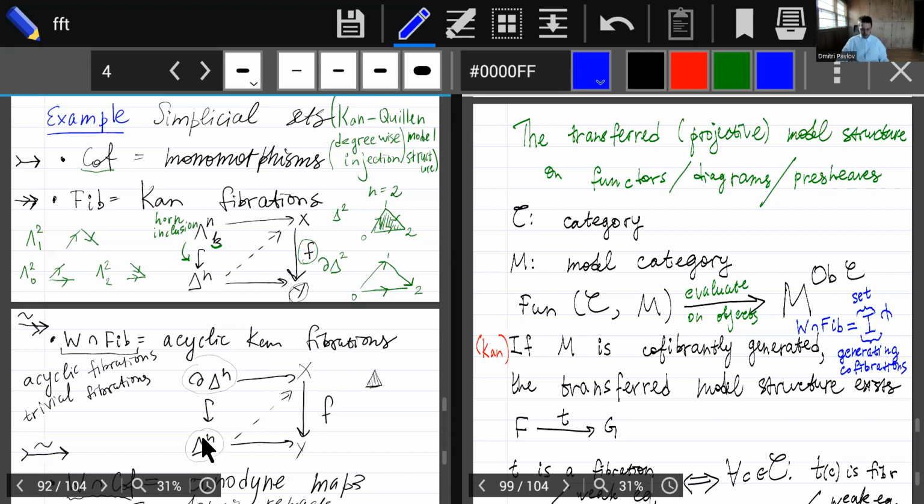And these inclusions are precisely the set of generating cofibrations, which thus shows that the Quillen model structure is cofibrantly generated.